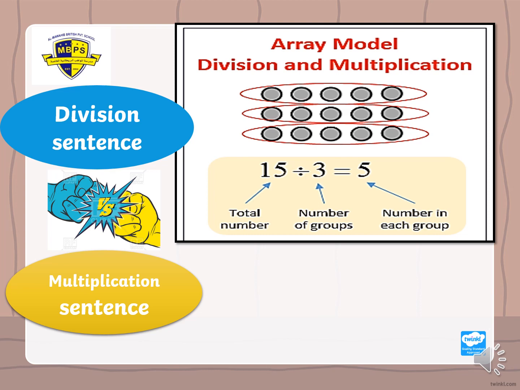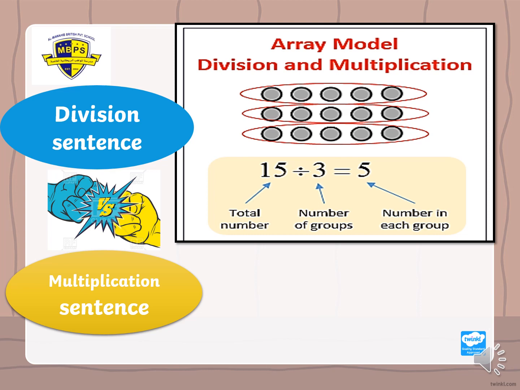Let's have a look on each number and we understand it refers to what. The first number 15. 15 refers to the total number of counters. So in a division sentence, I start with the total number. 15 divided by 3. 3 is the number of groups. How many groups I will divide the 15 between them? 3 groups.